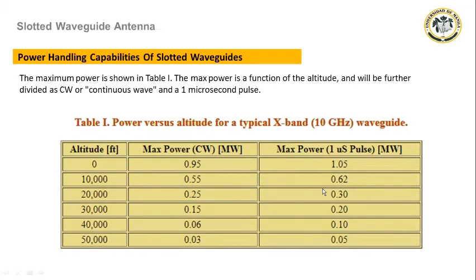Note that the power handling capabilities of a waveguide decrease with the altitude, given in feet. The results are given for a typical X-band, or about 10 GHz, waveguide. Note that the power capabilities increase as the frequency decreases and vice versa. Note that the power decreases rapidly with altitude. This is a necessary constraint to keep in mind in designing radars for aircraft.